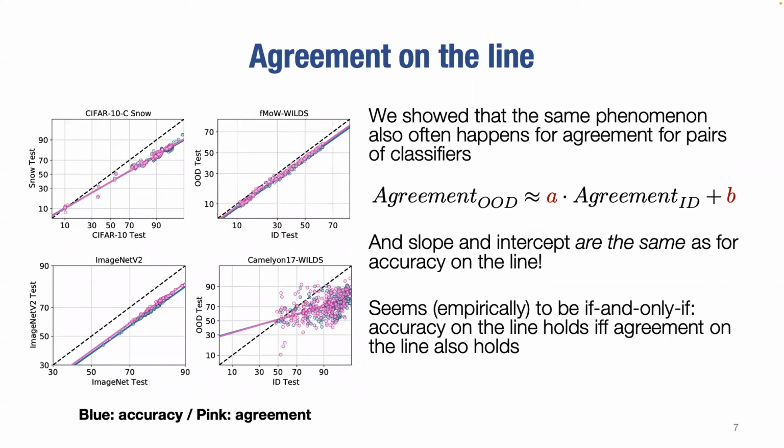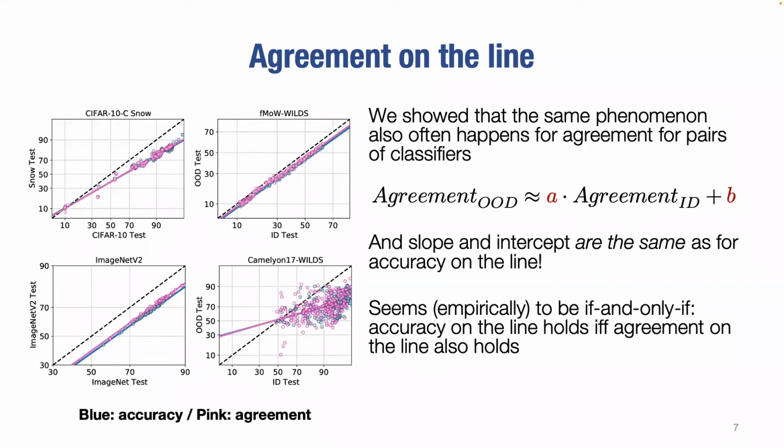Just like agreement, we could think could be quite differently correlated amongst different classifiers, and not track accuracy very well. There's no reason to think that one would imply the other in any kind of formal way.